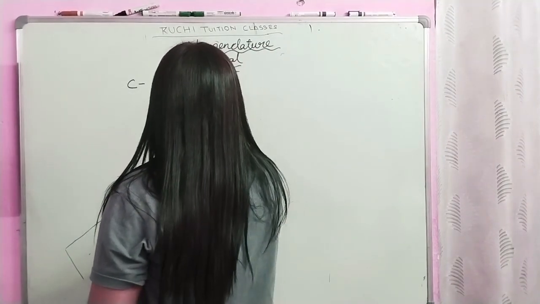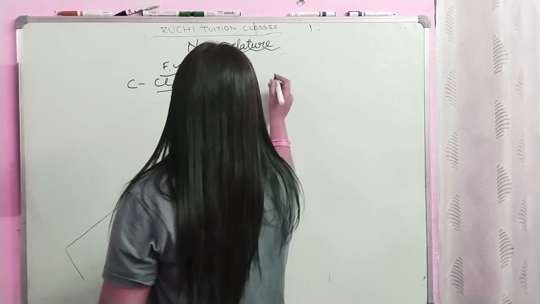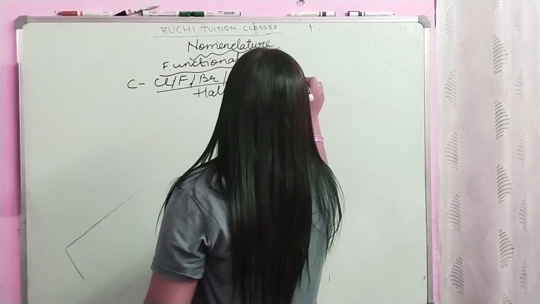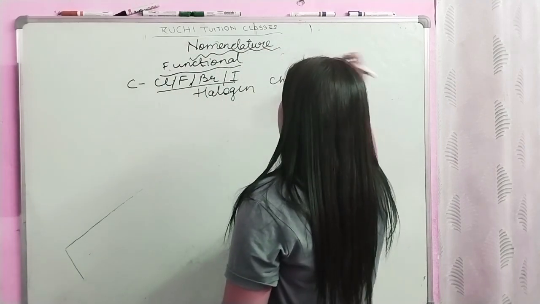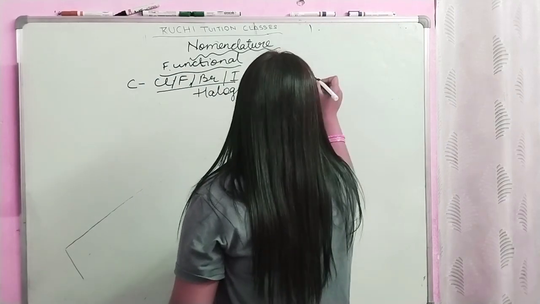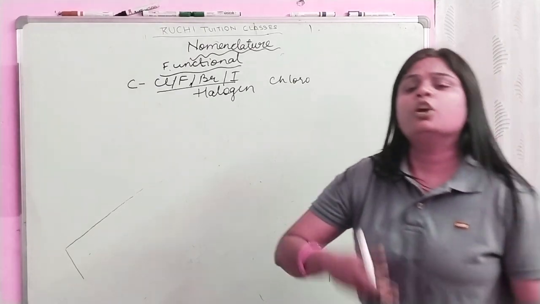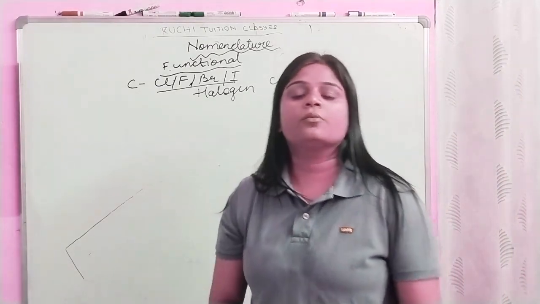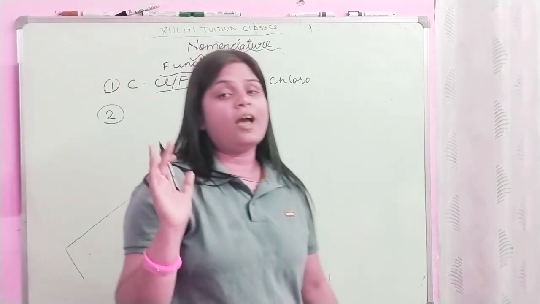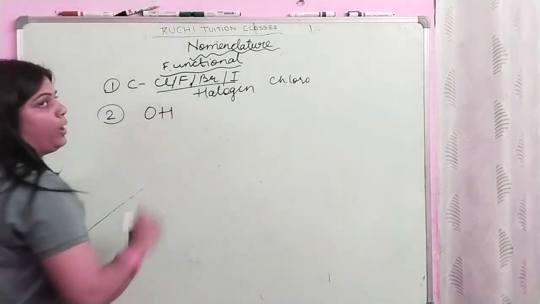Halogen group combined with carbon is called chloro, like chloromethane, chloroethane, chloroethene. The second group which can combine with carbon is the alcohol group, OH.